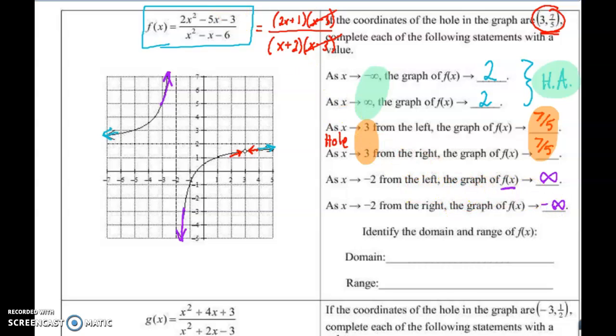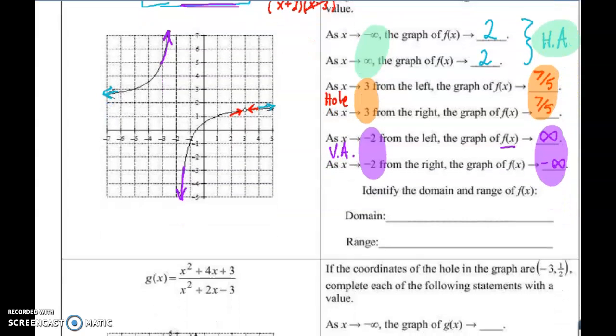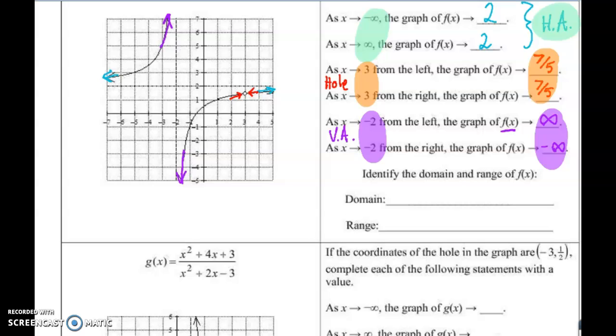So the key to this is when this is a numerical value, not infinity, it's a hole, but when these two are infinities, both positive, both negative, or one positive and one negative, that's your clue that you're looking at a vertical asymptote. So you don't need the graph, you don't need the equation to be able to answer these types of questions. That's the point I'm trying to make.